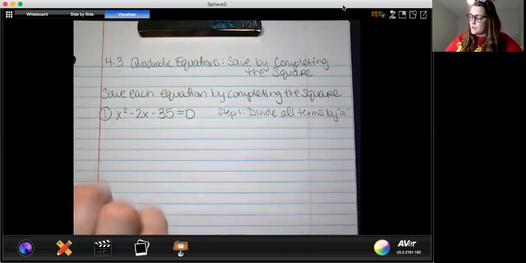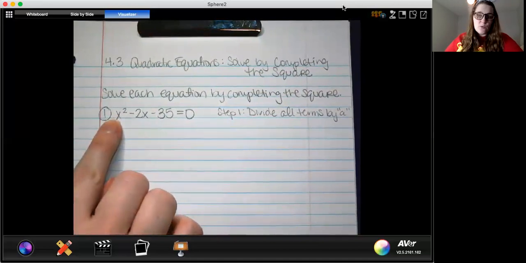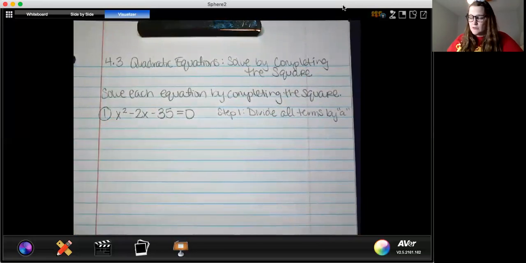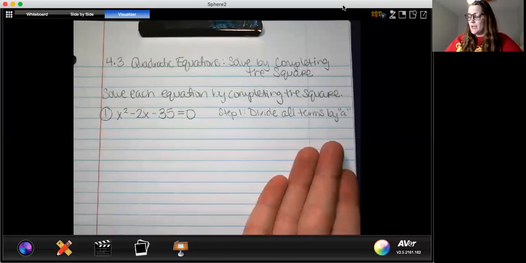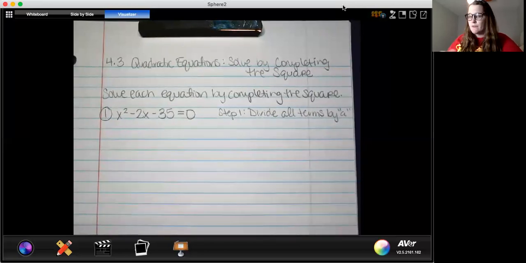Our a term is our leading coefficient with the x squared term, which in this case is 1. So we're good to go on this one because a is just 1. There's nothing I can really divide by to change it. This rule really only applies if you have a 2x squared, a 5x squared, anything other than 1. So we're good on step 1.